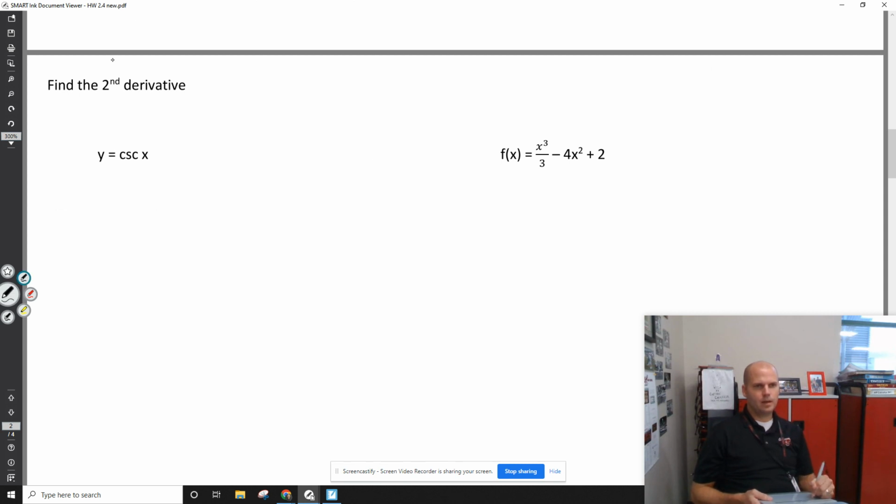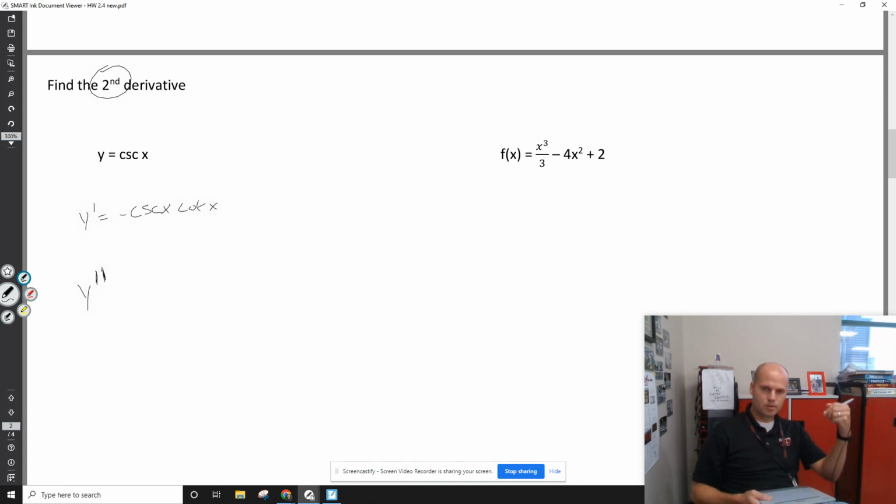All right, I'm asking you for a second derivative. So I want you to take the derivative and then the derivative of the derivative. You'll be able to find the slope of your derivative, which will be useful in the future. The derivative of cosecant is negative cosecant cotangent. Okay, so I took a derivative of a function and I get this. But now I want y prime's prime, or y double prime.